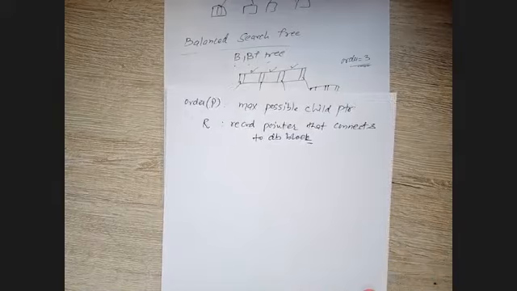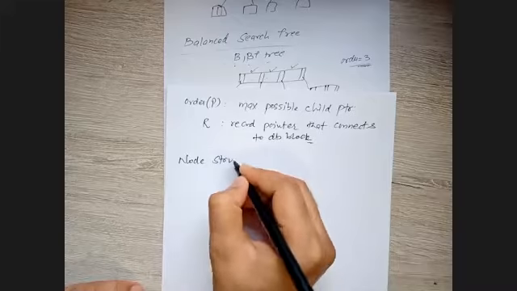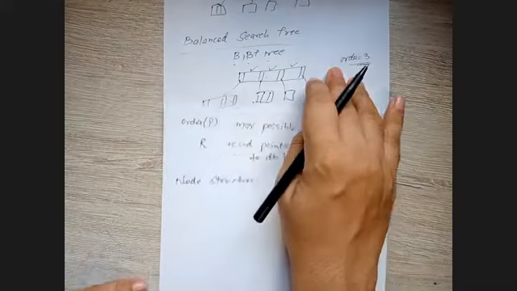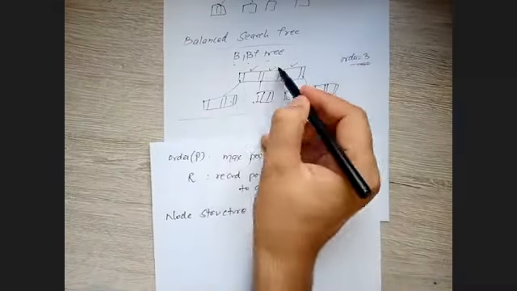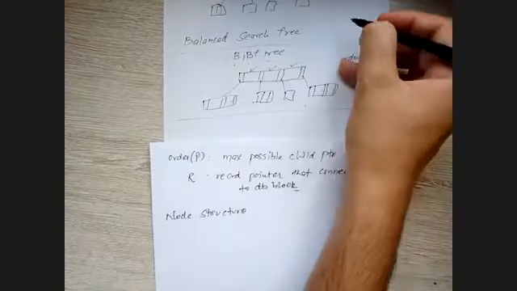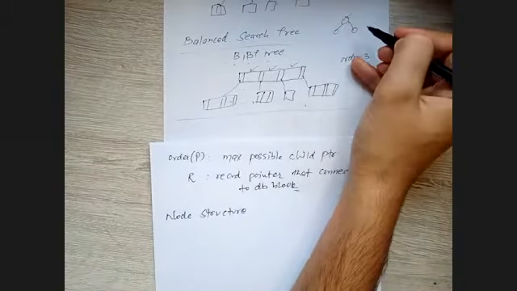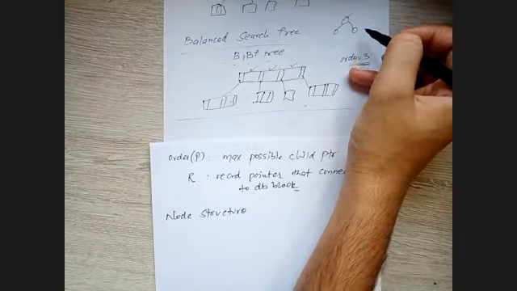Now let's see what the node structure is, because this is what your tree is made of. So there should be a node structure over here, and this is a single node. Remember, in a binary search tree, a single node contains only one data item, and this is the disadvantage.